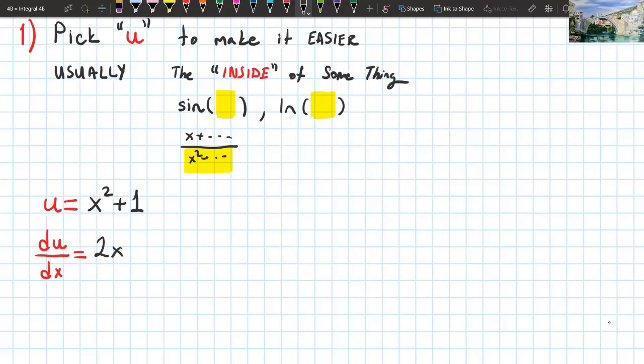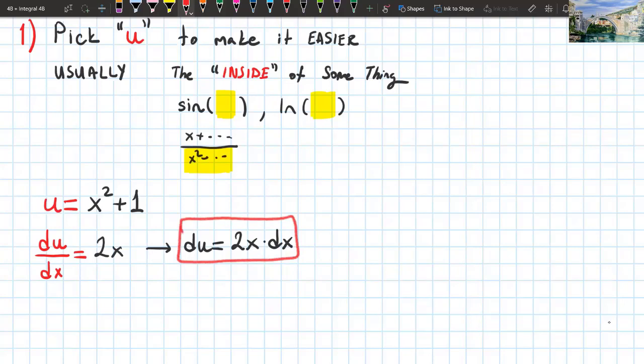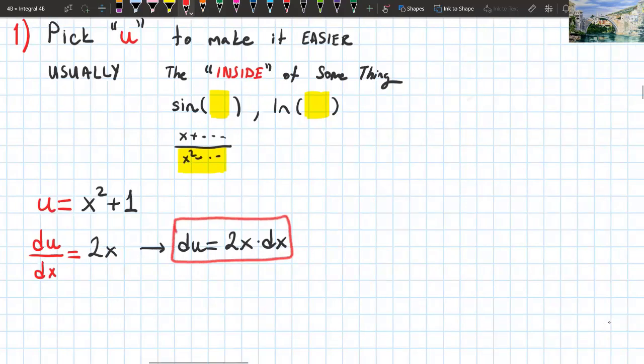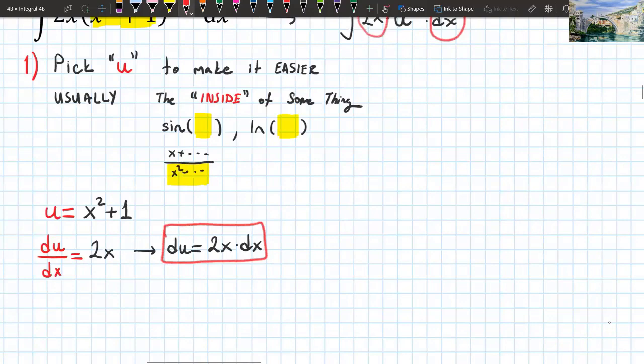Nice. So here it depends on you. You may write du, you may write dx. Here I will write du. What is du? du is 2x times dx. It depends on the question. Sometimes you may write dx, no problem. You will get the same result. So look at the function again.